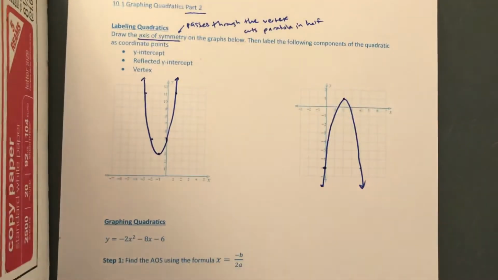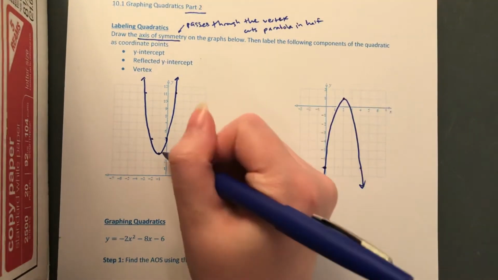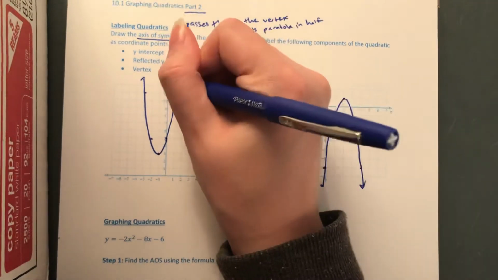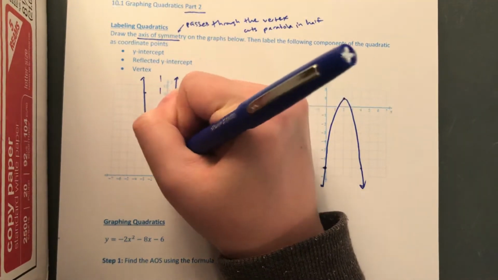And then label the following components of the quadratic as coordinate points. So, here's your vertex. Your axis of symmetry passes through your vertex and cuts your parabola in half.